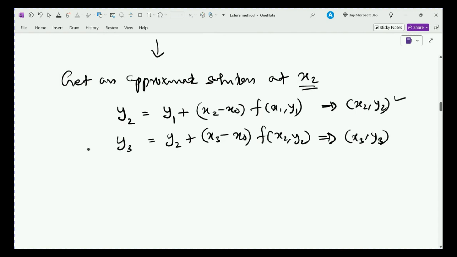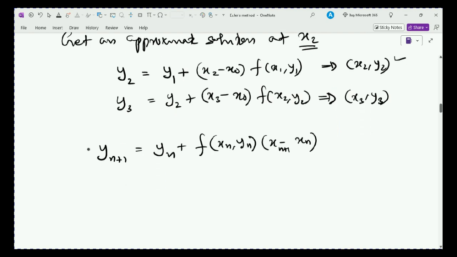So now we can write a general equation: if we have yn, we can write an expression for yn plus 1 as yn plus f of xn yn multiplied by xn plus 1 minus xn.